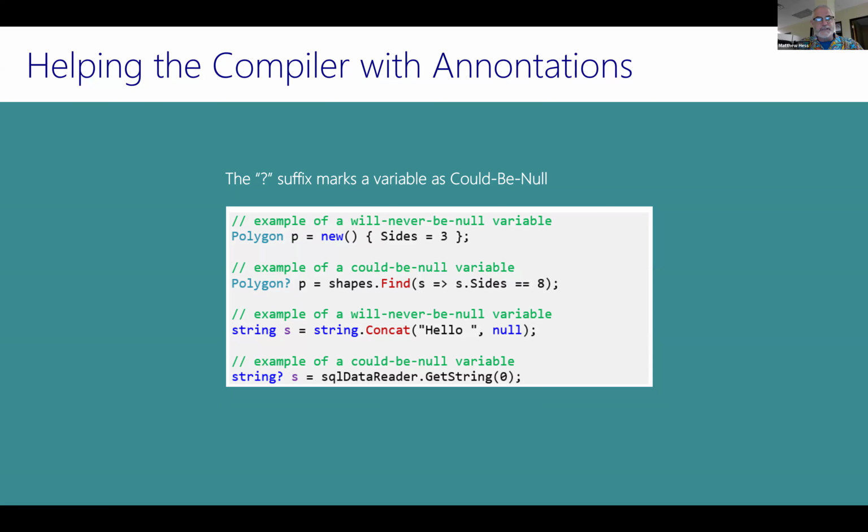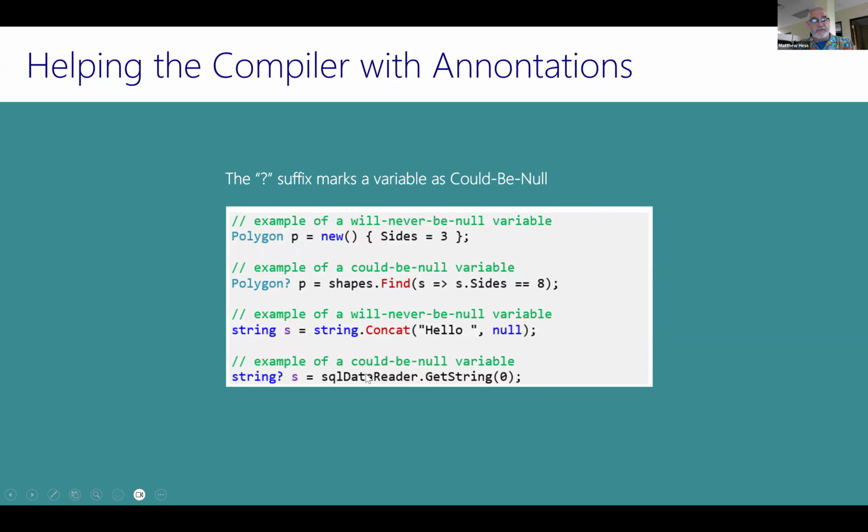Polygon? p equals shapes.Find, look for my octagon. And then here's the example with the string. String s, which should never be null, equals string.Concat. String? s equals SqlDataReader.GetString. So this one might return null. So that's what the little question mark does.